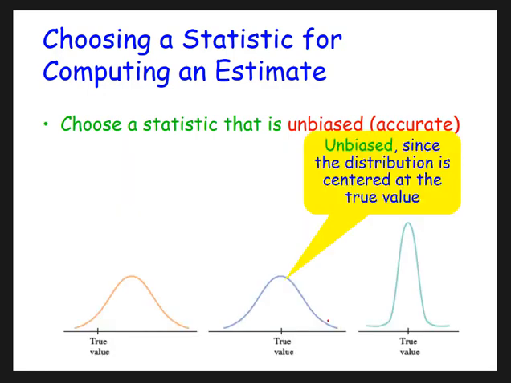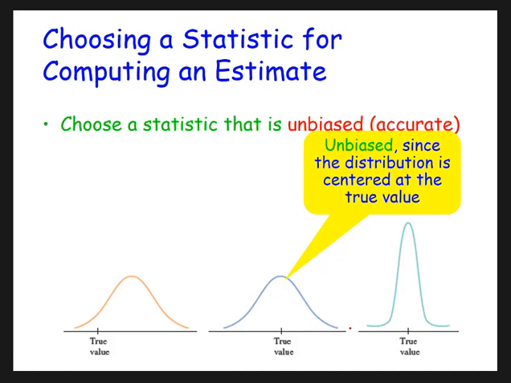Now looking at these diagrams here, if the true value is represented on the axis down here, this one is the most unbiased because the center of that bell curve is at the true value of the population parameter. Now remember, all those samples we take are going to give us values that follow that bell curve.